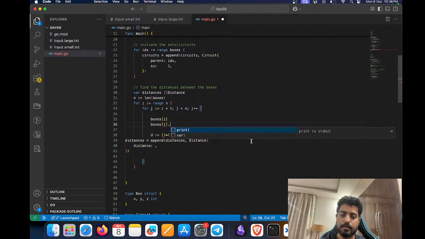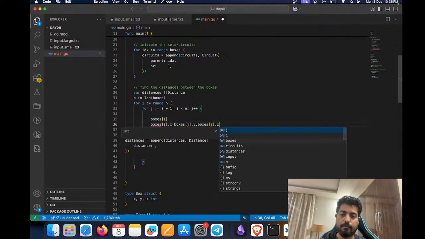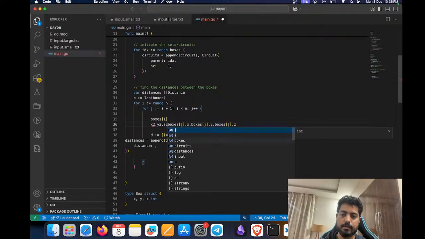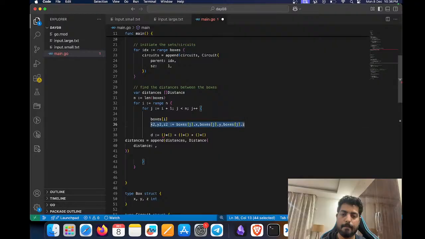Each box has x, y, and z. So it's x2, y2, z2. This is i.